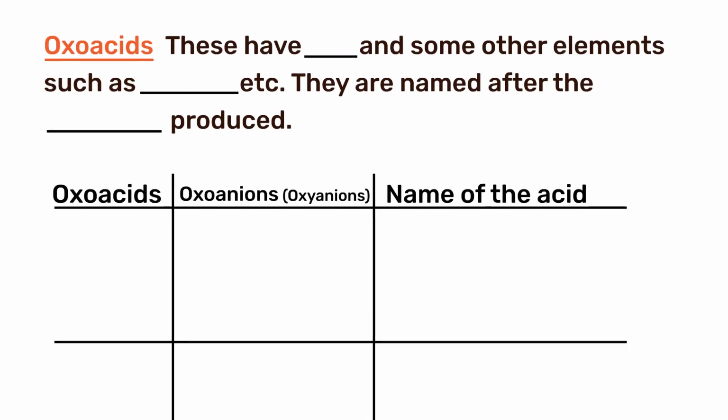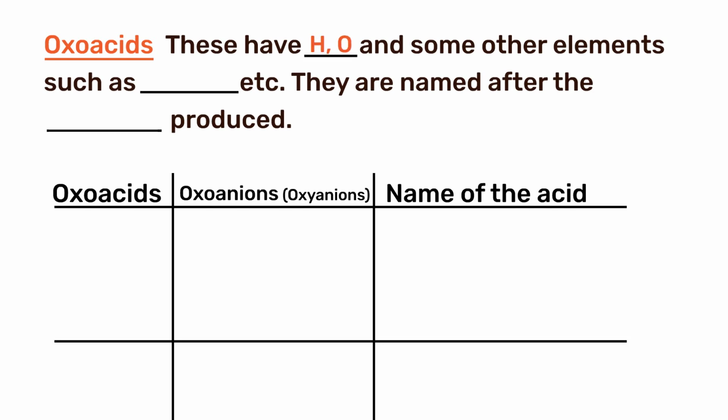Then we have oxo acids. They have hydrogen, oxygen, and some other elements such as sulfur, phosphorus, or nitrogen. They are named after the oxo anion produced. For example, nitrogen forms two acids, HNO3 and HNO2.